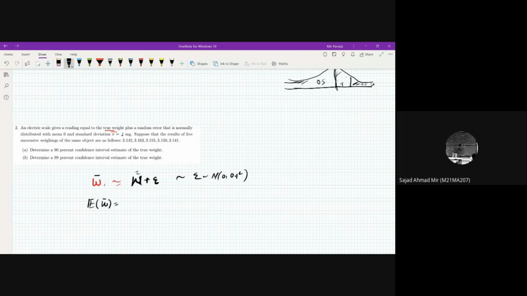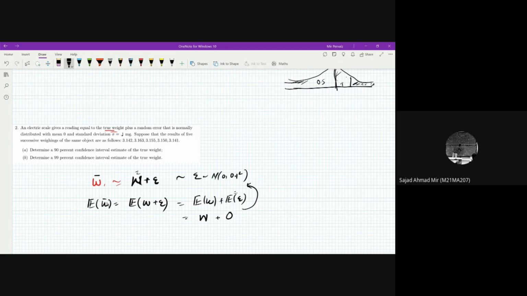Then the expected value will be the expected value of W plus epsilon, and this will be W plus the expected value of epsilon. Here W is a constant weight, and the expected value of epsilon is 0. So this is how the distribution comes.